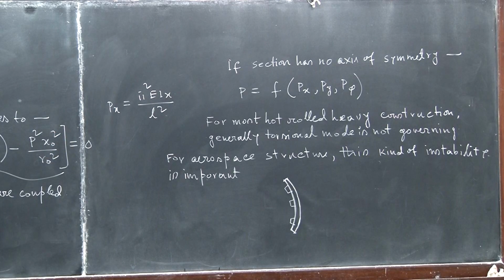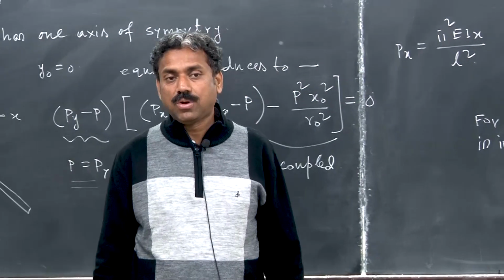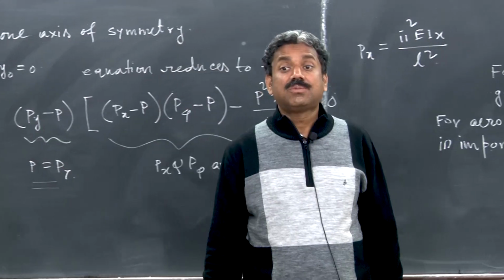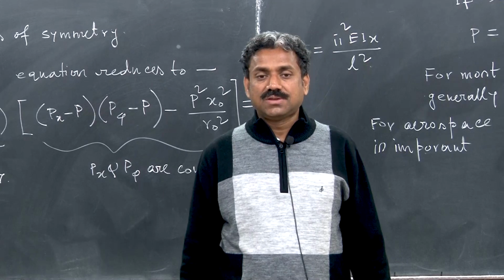Anyway, you understand torsional flexural buckling. If you see in civil design, there is only one case where you will find this, in the design of compression members in the Indian standard code: design against torsional flexural buckling.